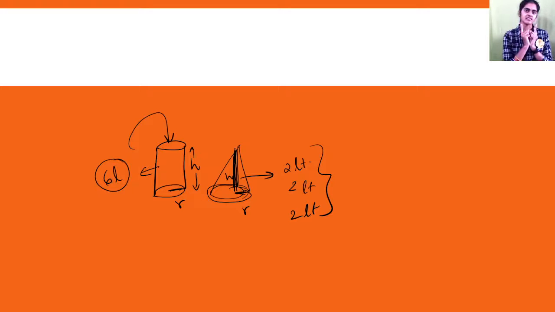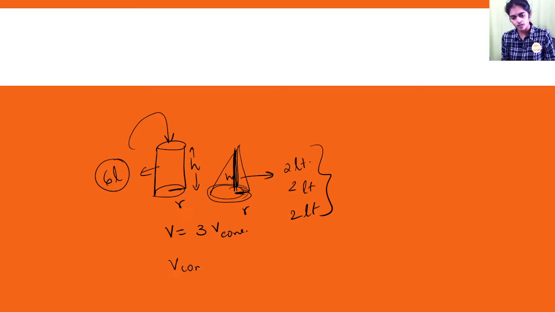The cylinder and cone have the same radius and same height. So if I take a cone of the same radius and same height and pour water 3 times into the cylinder, I can fill the cylinder, which means the volume of the cylinder is 3 times the volume of the cone.